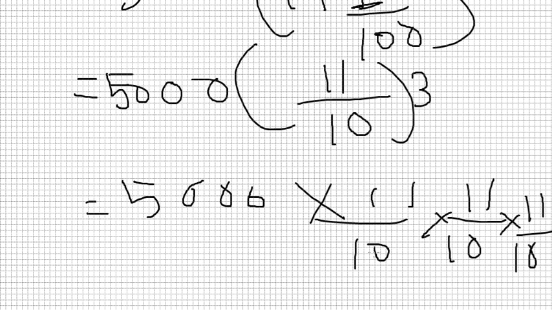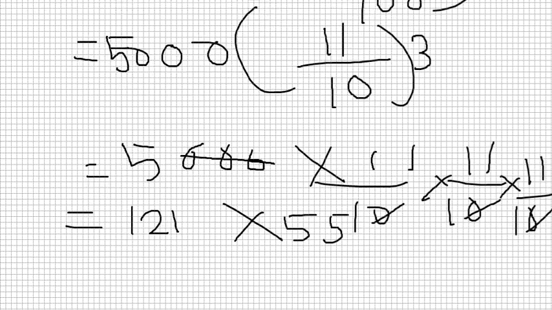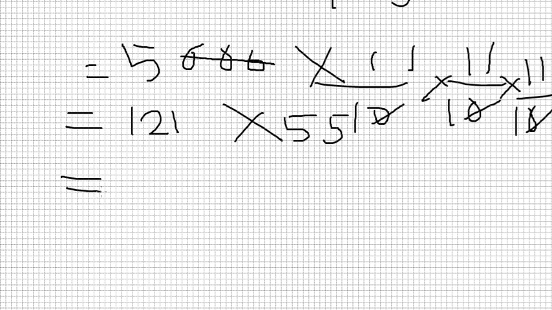So here are 3 zeros. We are going to cut the 3 zeros and 3 zeros of this. So we are going to multiply 11 multiplied by 11, 121 we should know, and multiplied by 5 multiplied by 11 which is 55. So now we are going to put the value of 121 multiplied by 5.